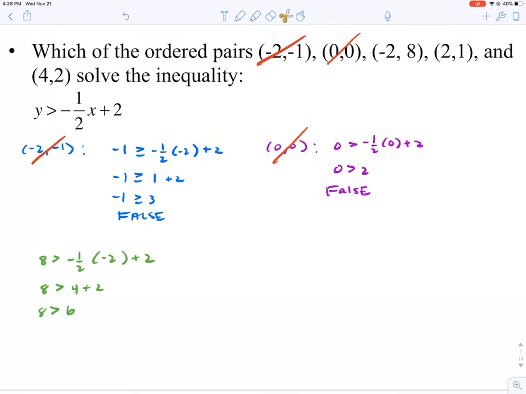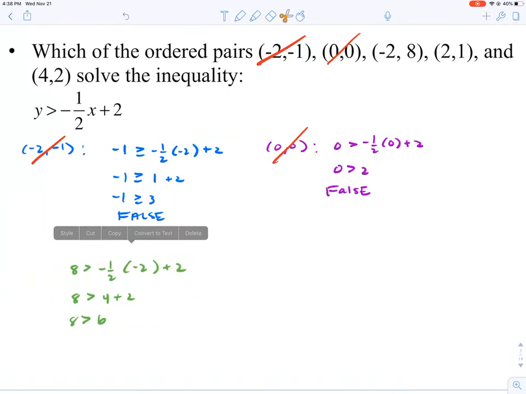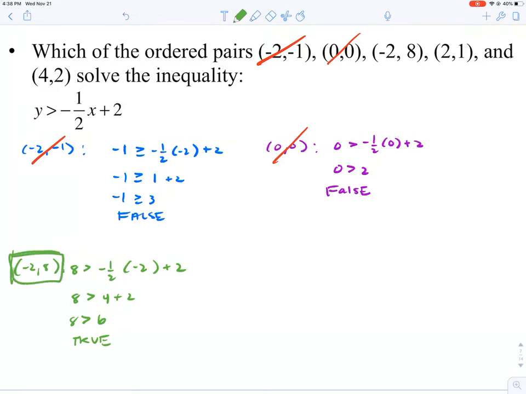Oh, this was for here. Let me move that over. Okay, 8 is greater than 6, so that's true. So -2, 8 would be part of the solution set.